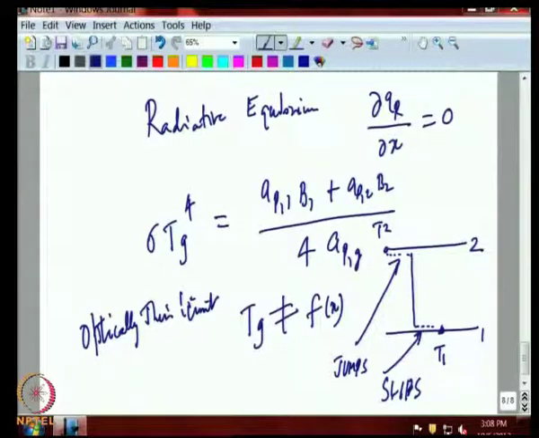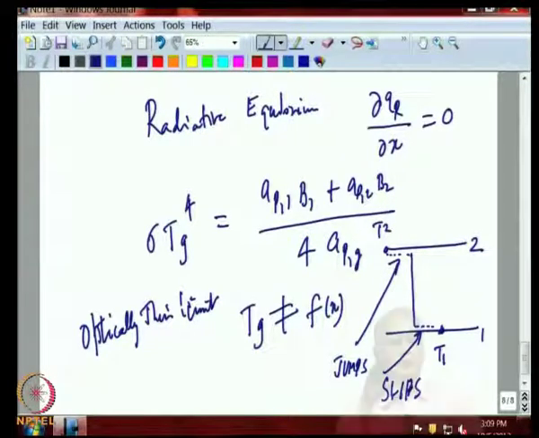So, there is a slip, and this is a very special feature of radiation heat transfer, which is not encountered that often in the case of conduction and convection heat transfer, in both of which it is normal practice to assume that the temperature of the gas next to the wall is same as the wall temperature.